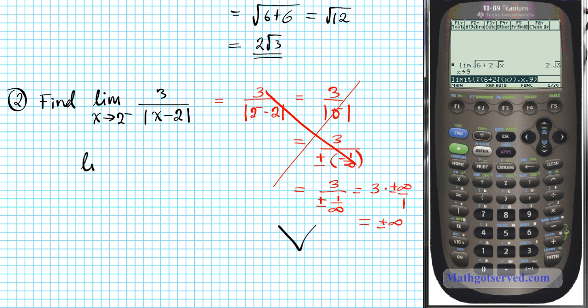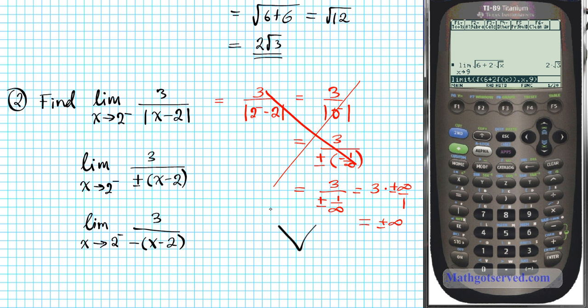We'll have the limit as x approaches 2 from the left of 3 divided by plus or minus x minus 2. All right, since you're coming from the left, this becomes the limit as x approaches 2 of 3 divided by negative x minus 2. Okay, so you're coming from the left, so you have to pick the negative as opposed to both of them.